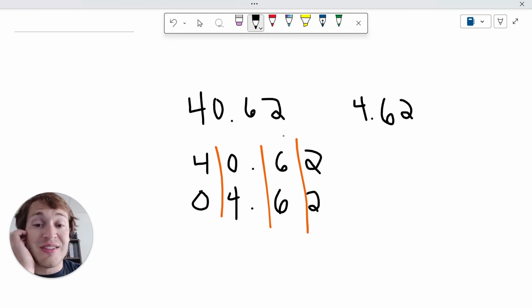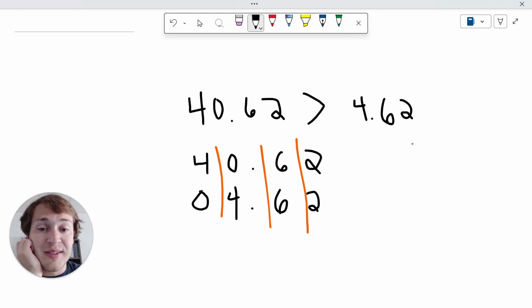But 4 is greater than 0, so right off the bat, we know 40.62 is greater than 4.62. In fact, I'm sure you already knew that before I showed you this. The point I wanted to make was make sure that when you're comparing decimals, you're always lining up by their place values, right? So tens go with tens, ones go with ones. In other words, your decimal points should always be one on top of the other.